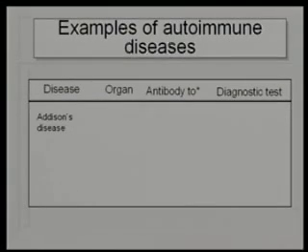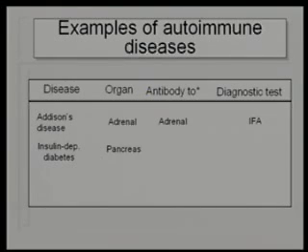Okay, Addison's disease, I'll just give a few more. Adrenals are involved in that case, with antibodies to adrenal tissue, and immunofluorescence is the test. Insulin-dependent diabetes: pancreatic beta cell antibodies, by indirect immunofluorescence.